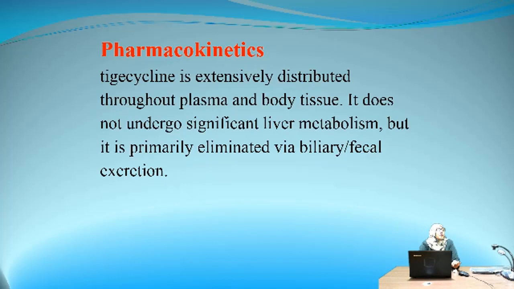Pharmacokinetics of tigecycline. Tigecycline is extensively distributed throughout plasma and body tissue. Also, tigecycline does not undergo significant liver metabolism, but it is primarily eliminated via biliary excretion into the feces. So, the excretion of tigecycline is through the biliary route, into the feces.